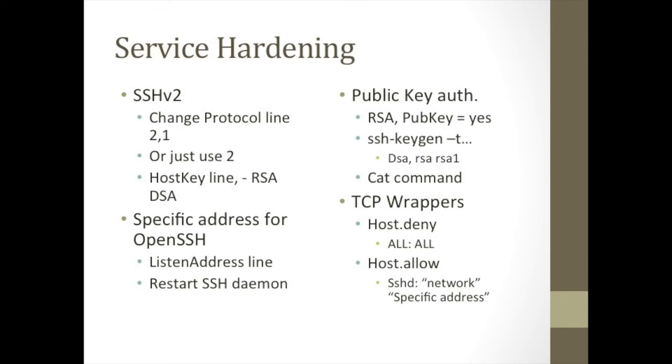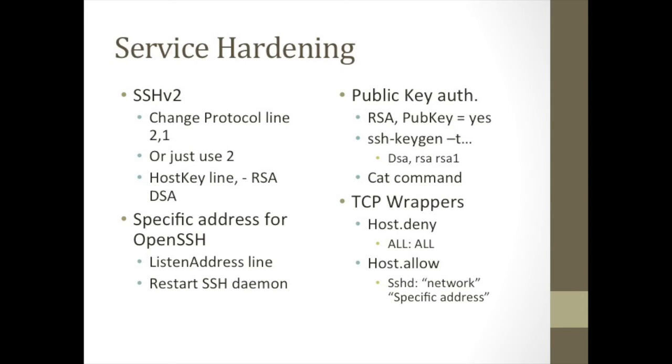Once that's done, you will have to edit the /etc/hosts.deny and hosts.allow files. It's suggested to deny everything and specifically allow certain services. To do that, you go into the hosts.deny file and write ALL: ALL, and for the allow file, you'll write out sshd and then the network you wish to allow and the address that you wish to allow.